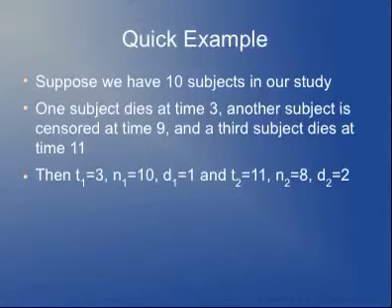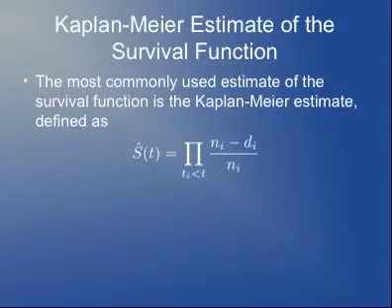In that case, it would be 8 people at risk at time 11, 2 who have already died, so 8 minus 2 divided by 8, that's 0.75, so the probability of surviving till at least time 12 would be 0.9 times 0.75. If you didn't follow that, like I said, R will calculate this easily, so it doesn't matter that much.